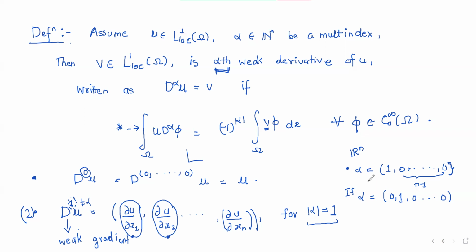Okay. So the first thing that comes to mind is, what can we say about the classical derivative and the weak derivative? We see here the classical derivative is always pointwise defined, but the weak derivative we define with the help of integrals.